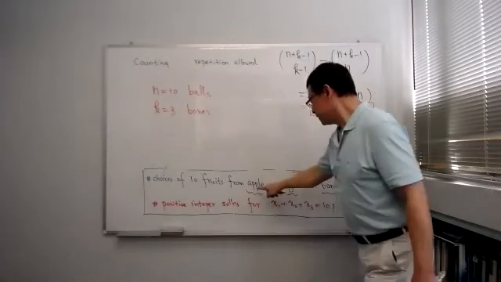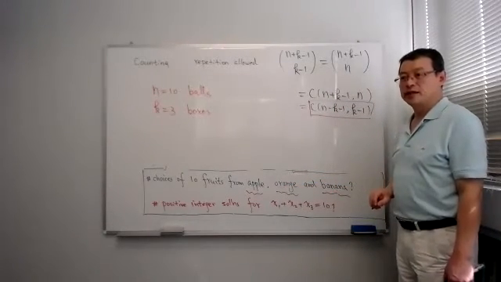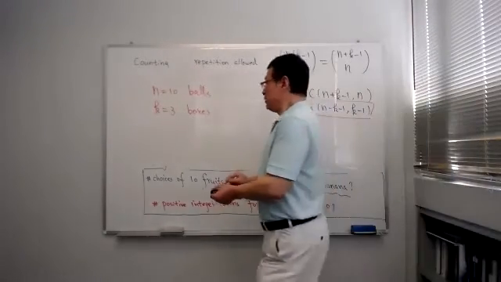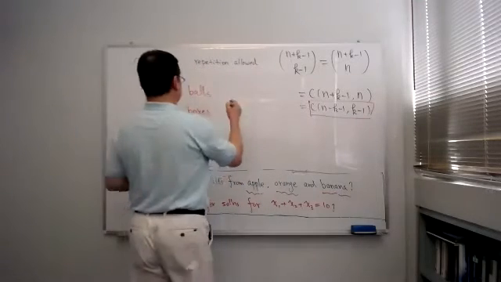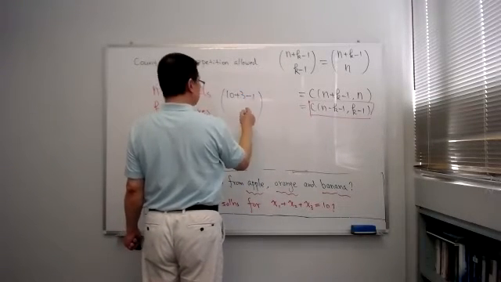Apple, orange, banana each is regarded as a box. So the number of different ways is 10 plus 3 minus 1, choose 2.